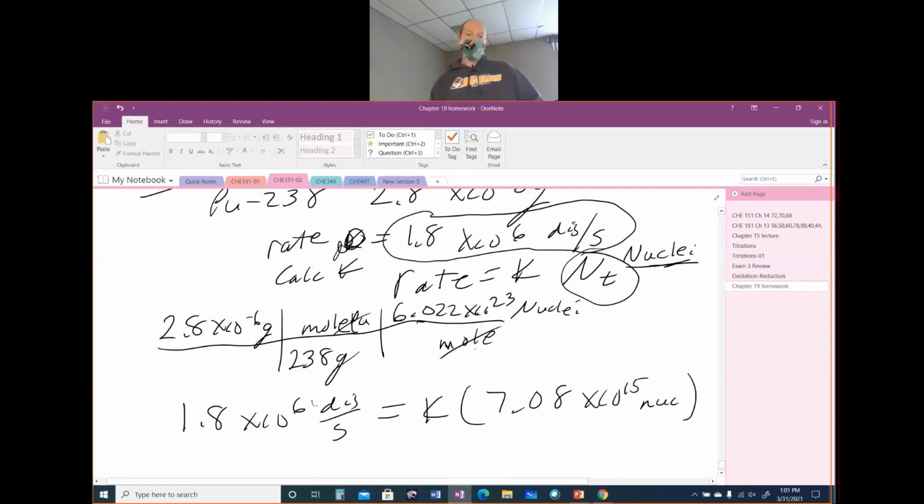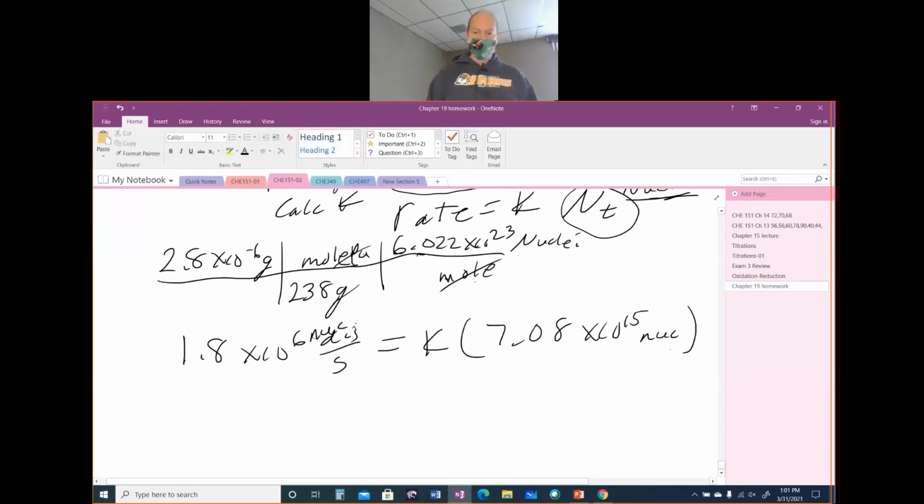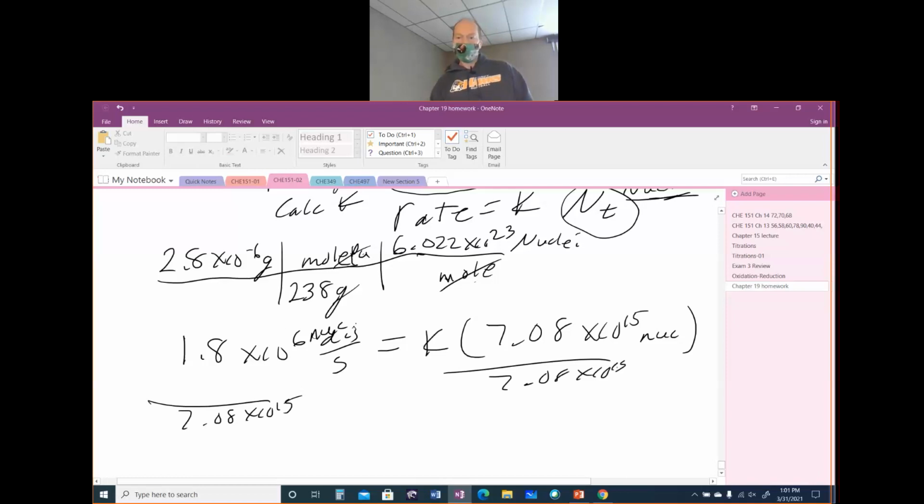The nuclei cancel, and you have your K value in 1 over seconds. So you divide both sides by 7.08 times 10 to the 15, and you get your K in 1 over seconds. That is 2.5 times 10 to the minus 10.